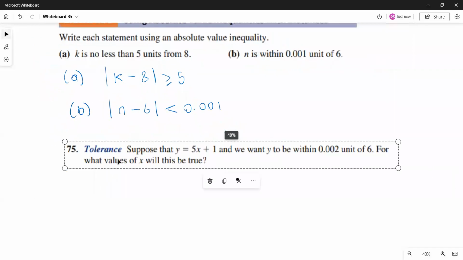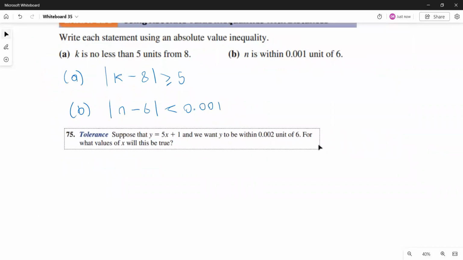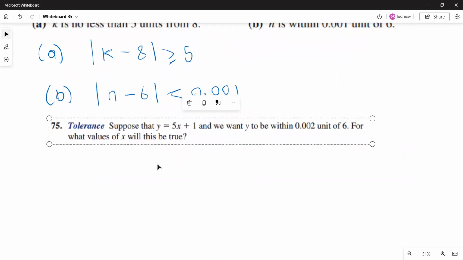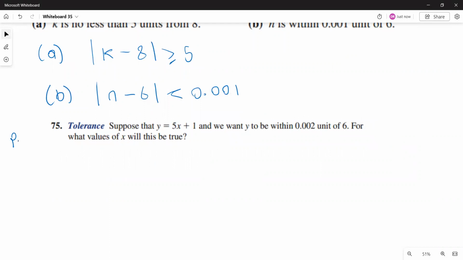Suppose that y equals 5x plus 1, and we want y to be within 2,000 unit of 6.